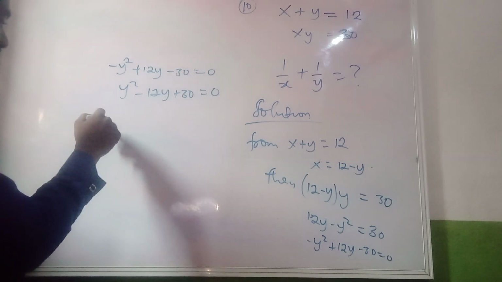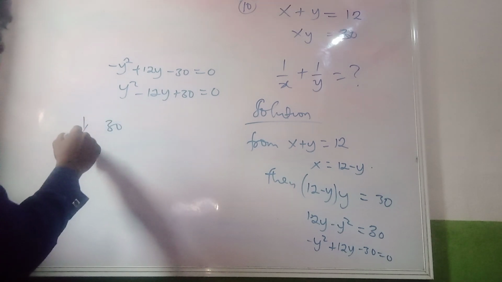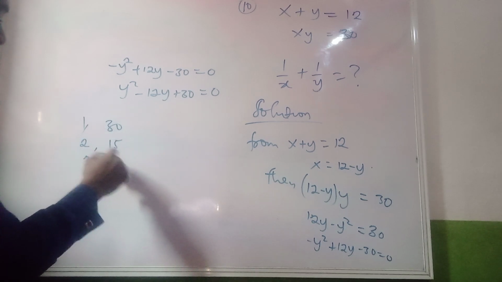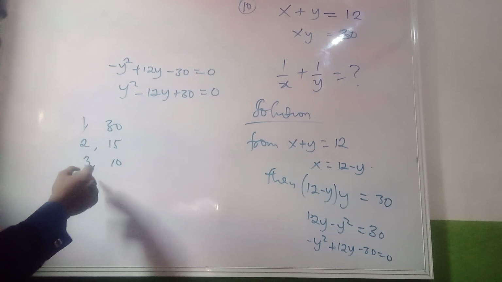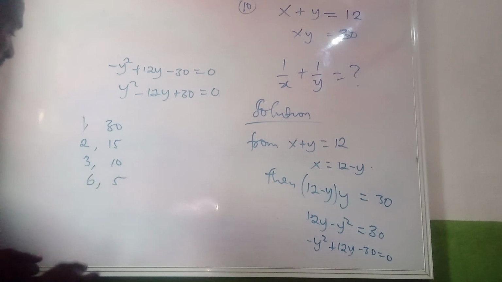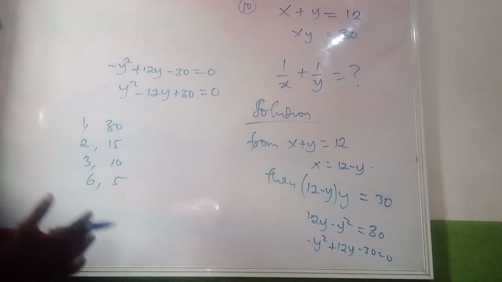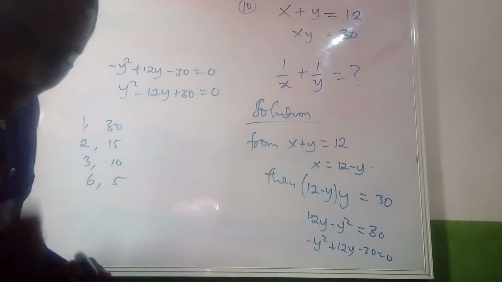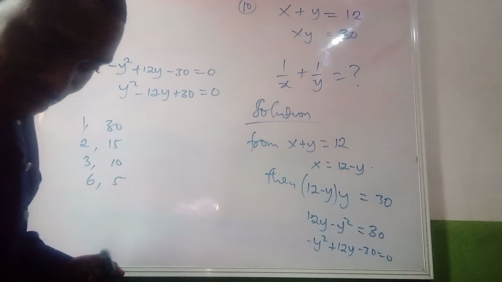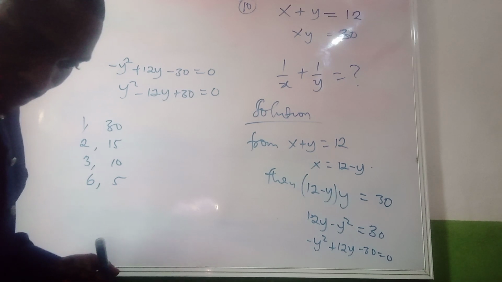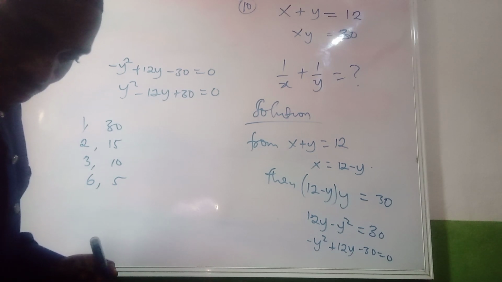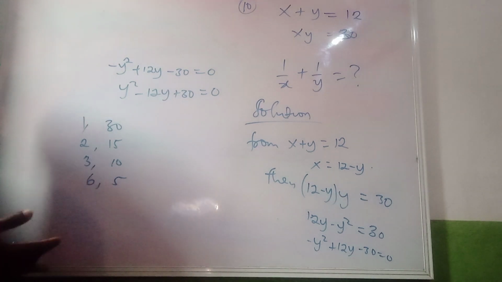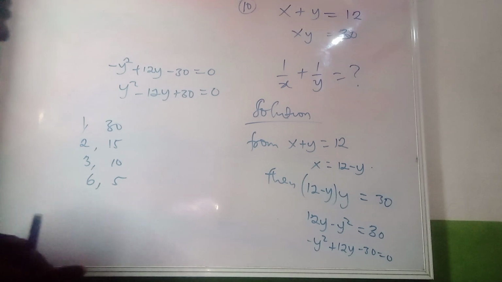Factors of 30 are 1 and 30, 2 and 15, 3 and 10, and 6 and 5. So these are things that build around 30. The question says their product is 30 and their sum is 12.